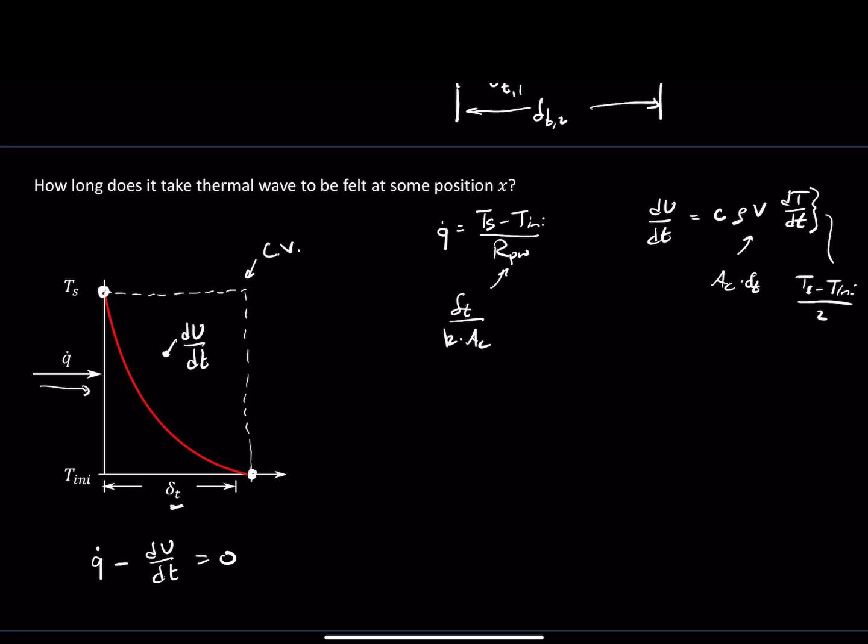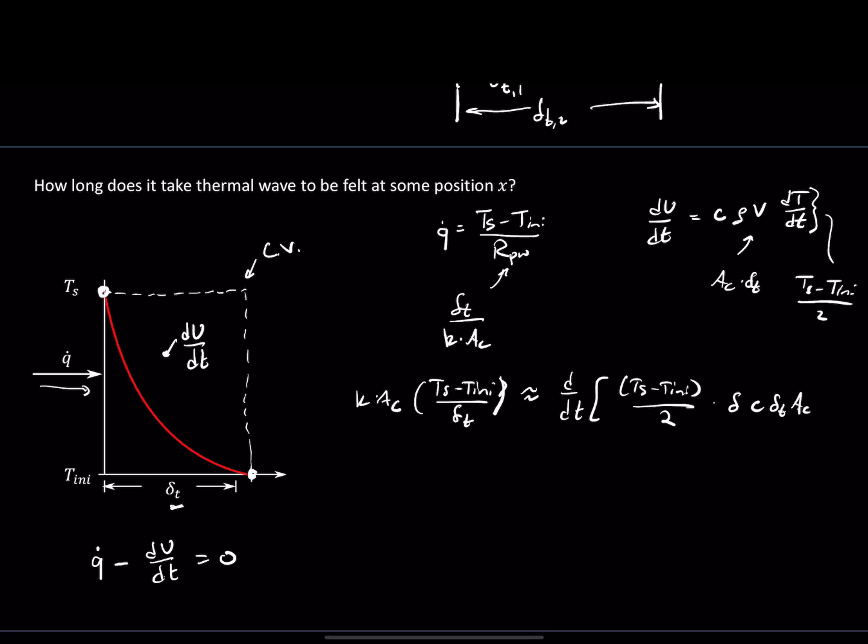Okay, now we can plug all this into our energy balance and see what that ends up with. We have our q dot term, that's k times A c times Ts minus T initial over delta t. That's approximately equal to d/dt of Ts minus T initial over 2 times rho C delta t A c.